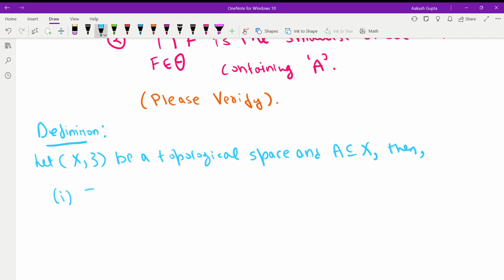number one, the closure of A is defined to be, so what do we mean by the closure of A?